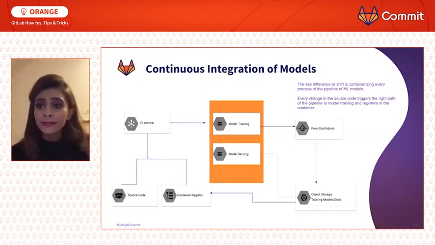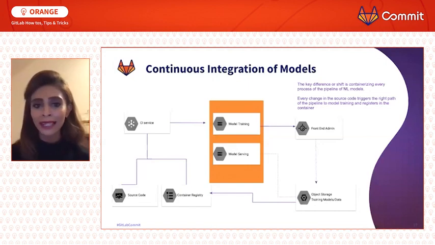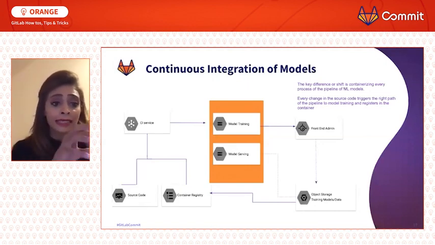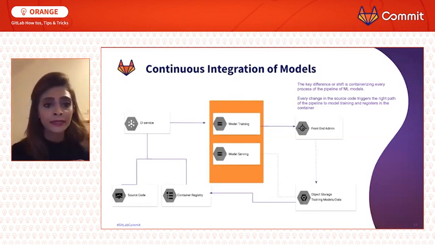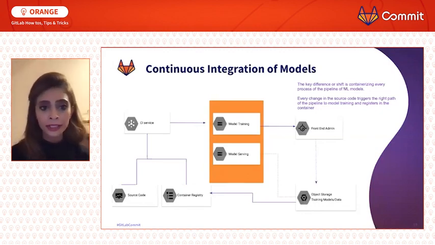One of the key differences, which hasn't been used classically or traditionally, is using a CI service to orchestrate through it. And the other part is containerizing every process of the ML pipeline. This shows that there is a CI service with a source code, container registry, integrated to the model training, serving environment that is integrated to the object storage.